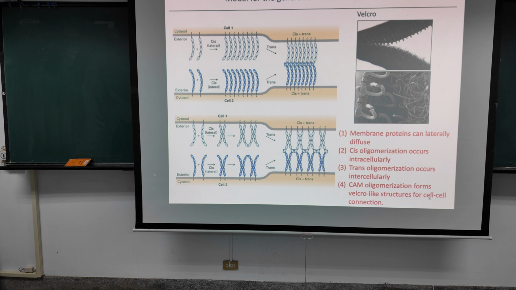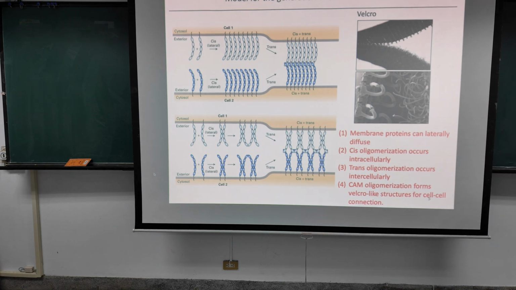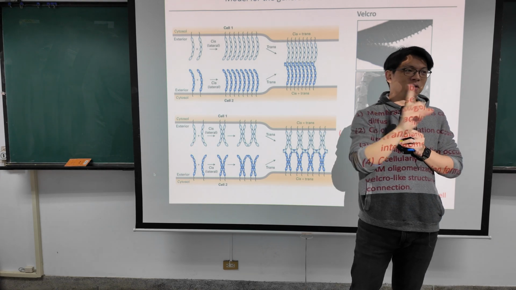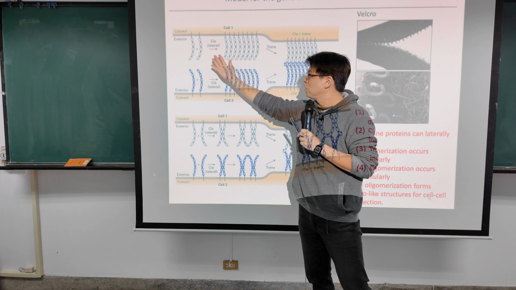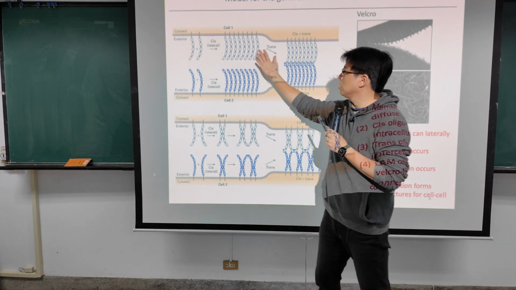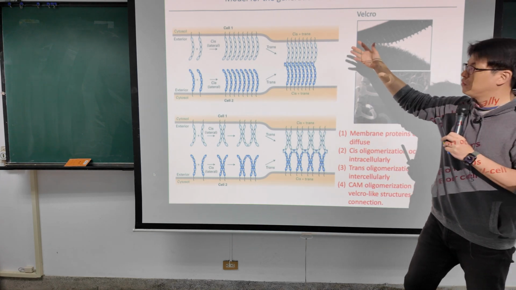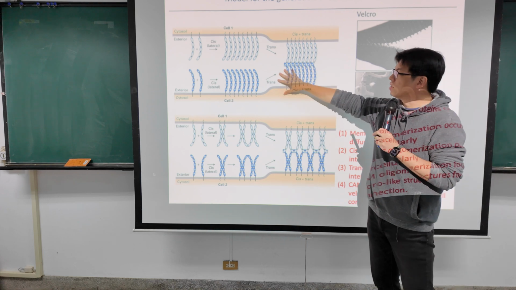So how does, for example, cadherin form such a homophilic interaction? As I mentioned before, these transmembrane proteins can freely diffuse laterally on the plasma membrane, and finally they will approach other cadherins. They form such a huge complex, and the huge complex will interact with the cadherin clusters of the neighbor cells.